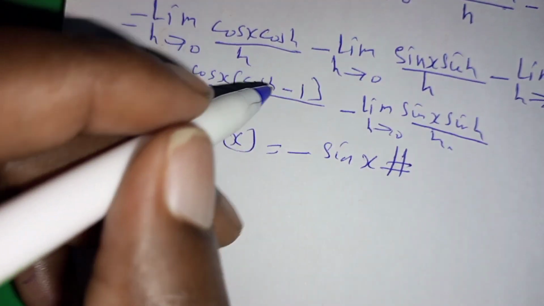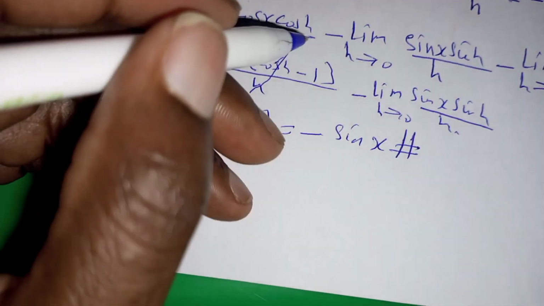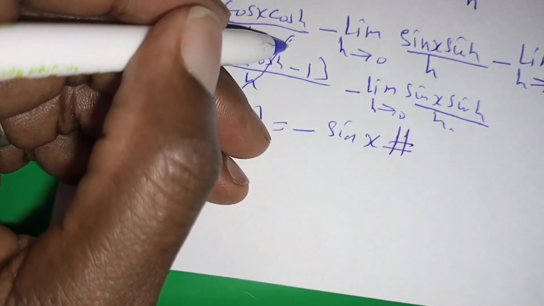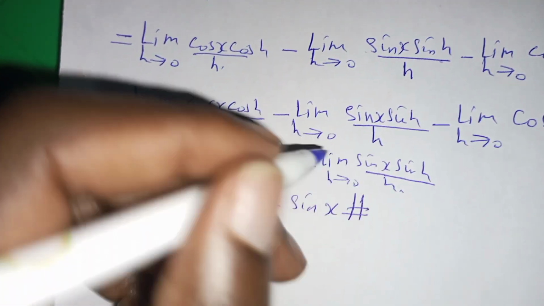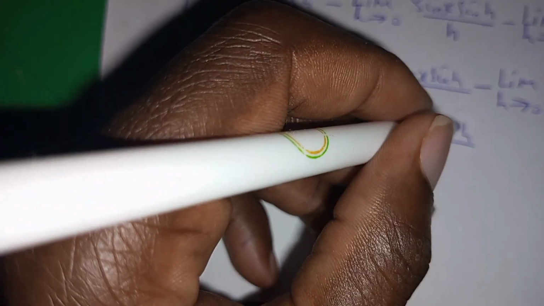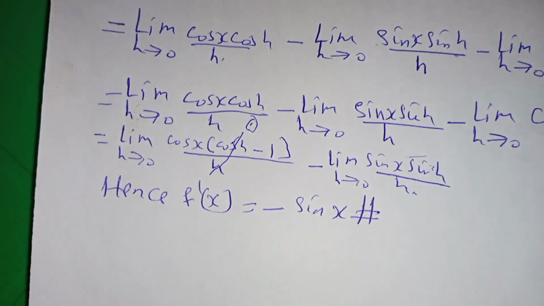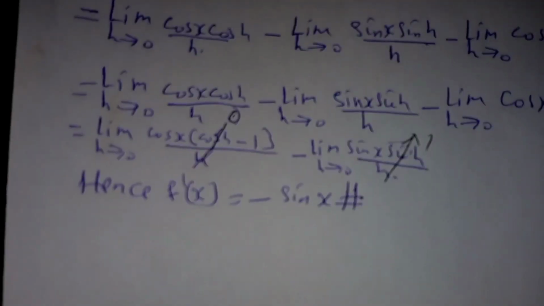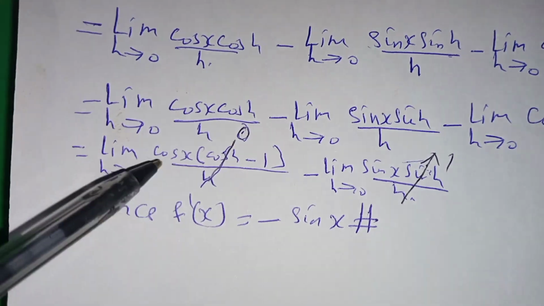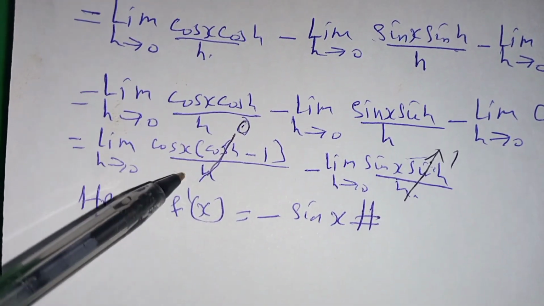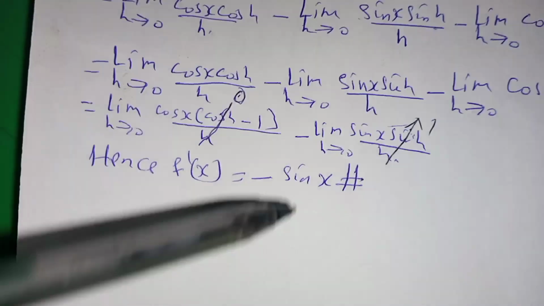Now, when we take limit here, this function, all of it tends to 0. Taking limit, the whole part here tends to 0. So cos x times 0 will be 0.